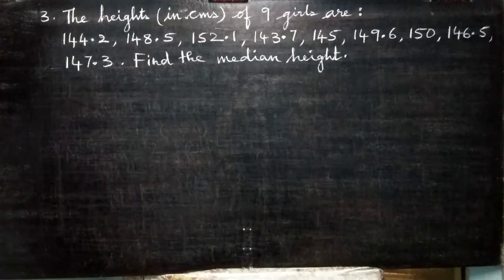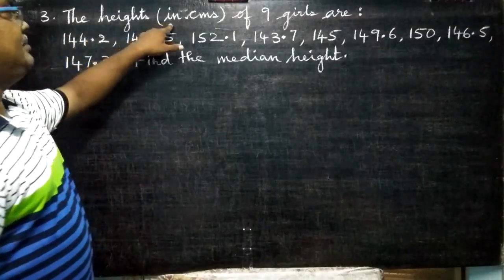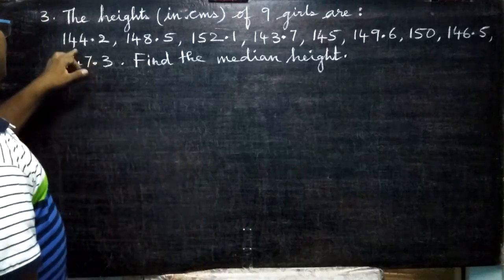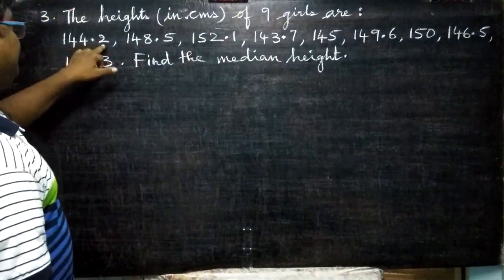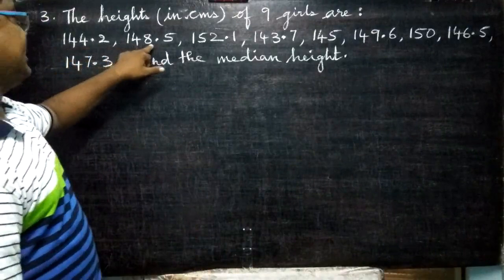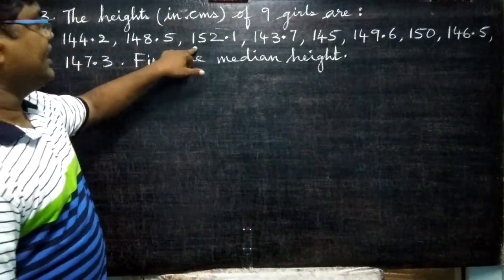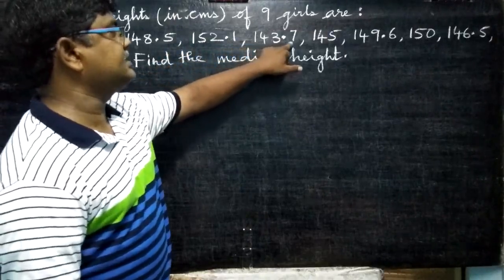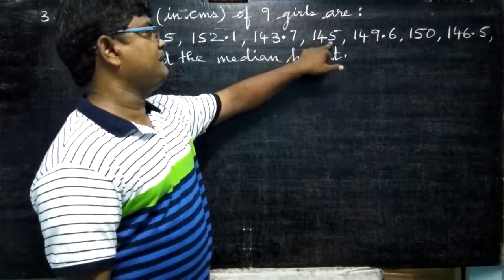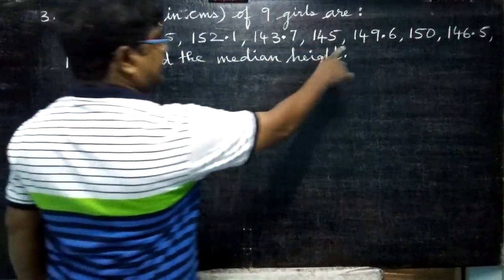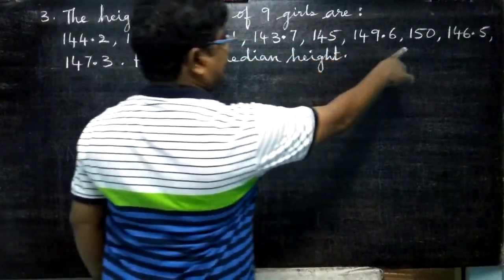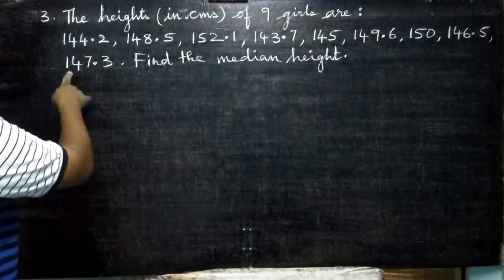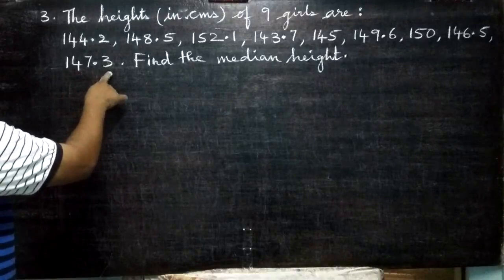Third problem. The heights in centimeters of 9 girls are 144.2, 148.5, 152.1, 143.7, 145, 149.6, 150, 146.5, 147.3.